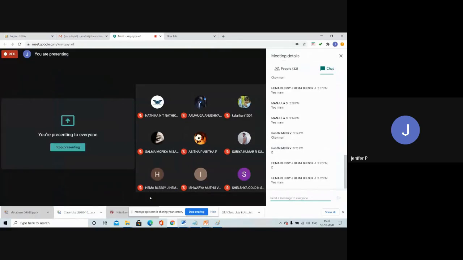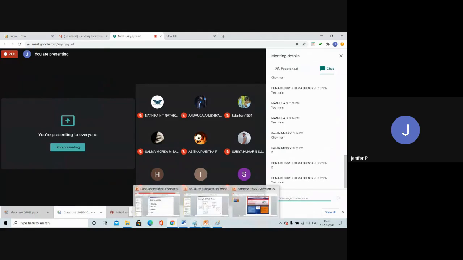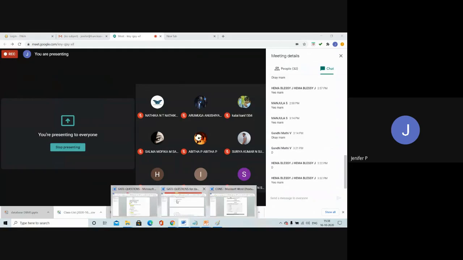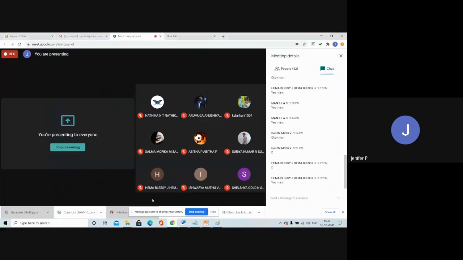Can anyone tell me what your answer is? The technique applied on loops: removal of invariant computation, peephole optimization, constant folding, or all of these. Anyone post your answer? Okay, very good, Hema.